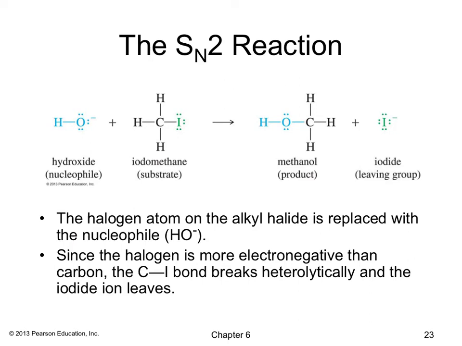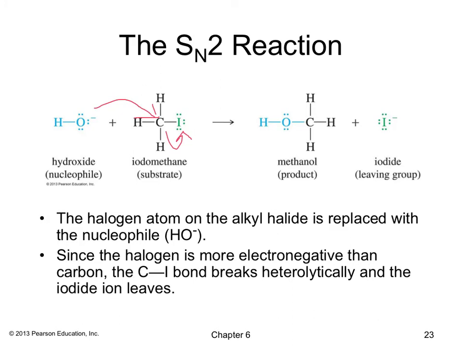If we look at an SN2 reaction of hydroxide reacting with iodomethane, we're going to draw out the arrows in this case. You're going to have the electrons from that oxygen attack that carbon, and then kick off the iodine.